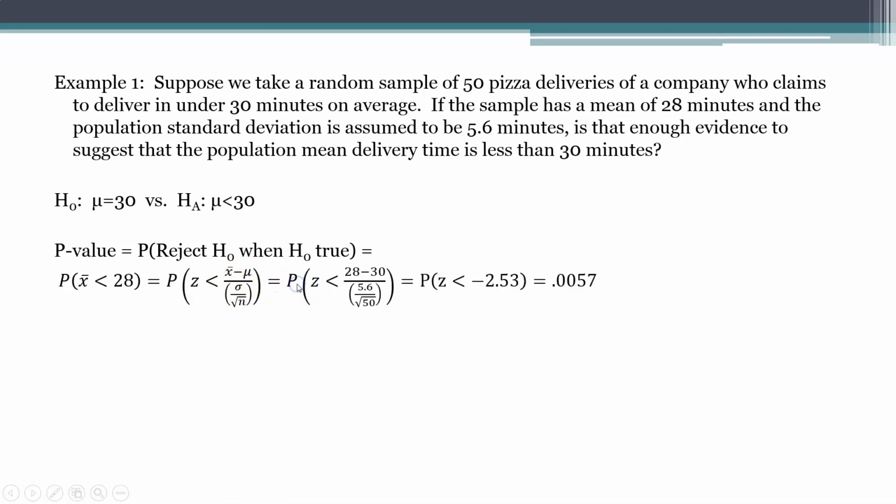So I'm going to plug all those values in here. 28 comes from here. Mu is our hypothesized value, because that's what we're assuming. And sigma from the problem is 5.6, and the sample size was 50. And if we do that calculation, we get, as we established before, negative 2.53. And we did this in StatCrunch before, and we found that that probability was 0.0057.